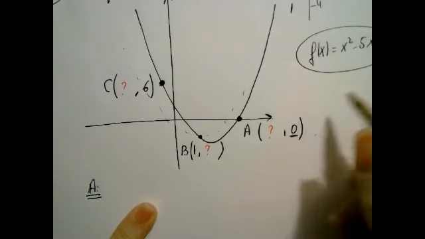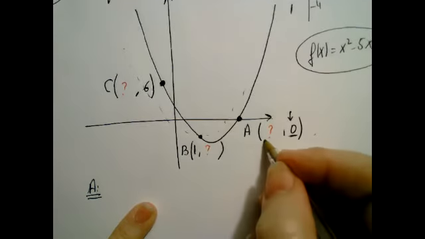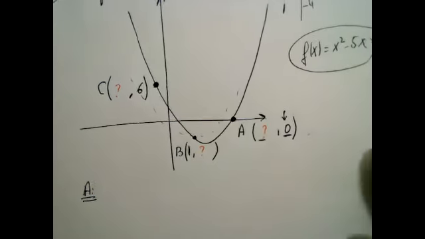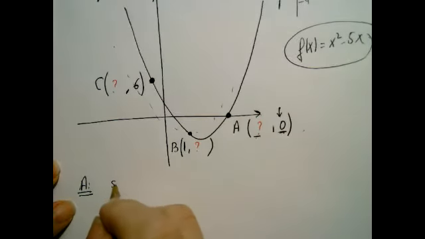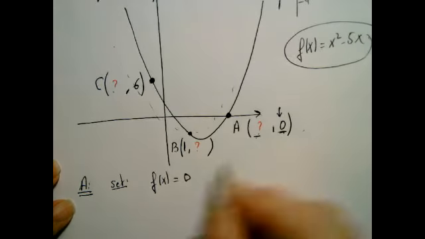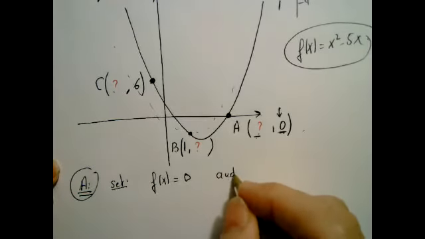It means I'm giving you the y, I'm giving you the output. And what do you want to find? You need to find the input. That's really what the question is. So how do we do that? I'm giving you the output, which is 0. So that's the point A: set and find x.